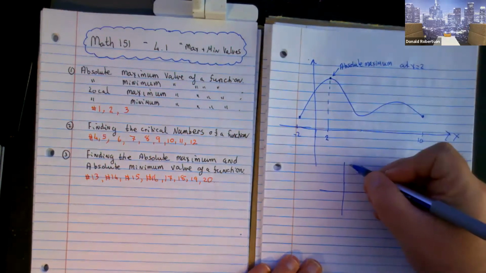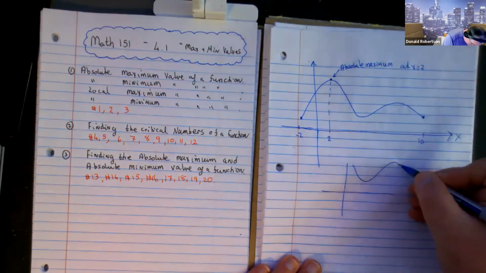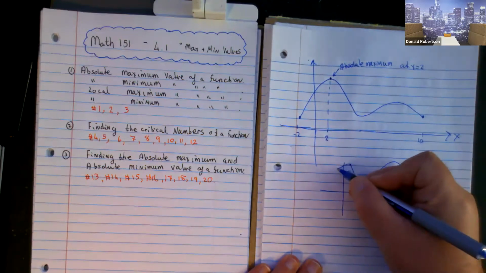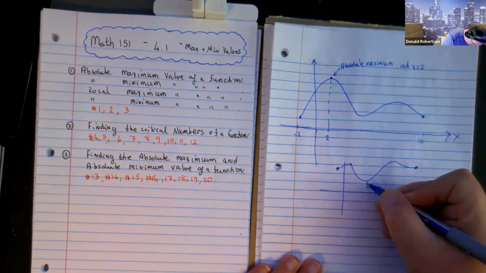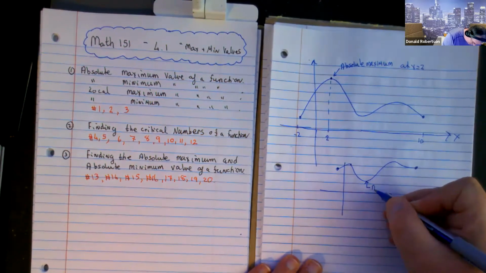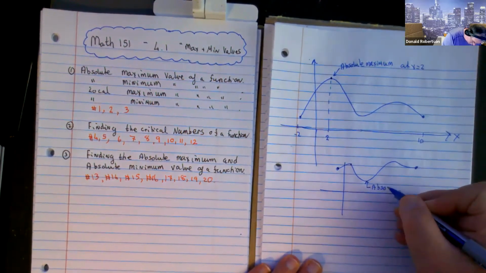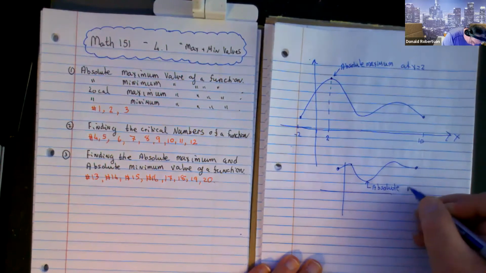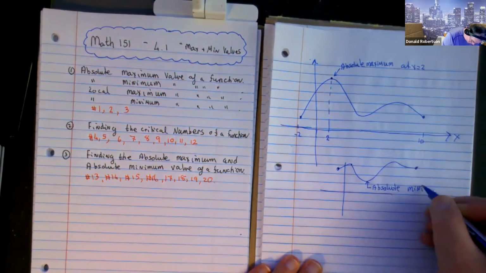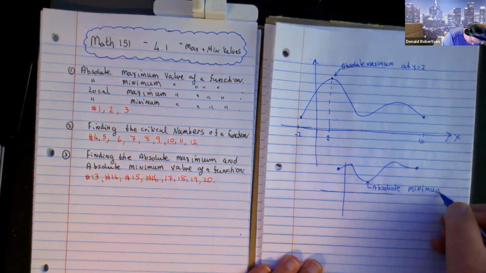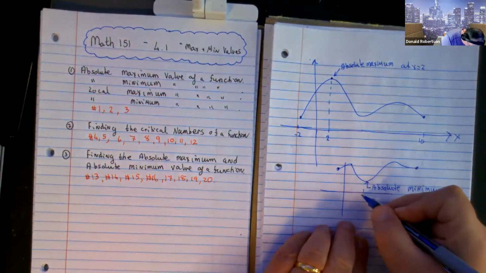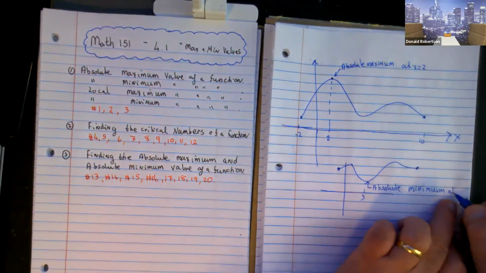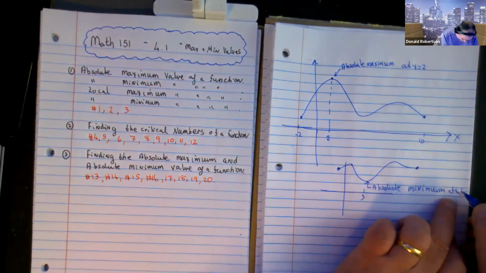Now, an absolute minimum might look something like this. That guy there is an absolute minimum. And in this case, let's say that's at 3. So we'd say x equals 3.